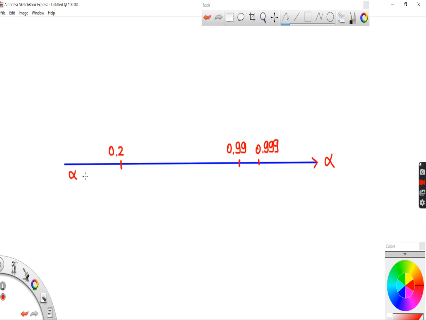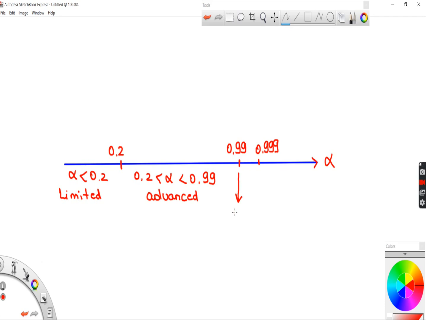If alpha is less than 0.2, the reaction is limited. And if alpha is between 0.2 and 0.99, the reaction is advanced.